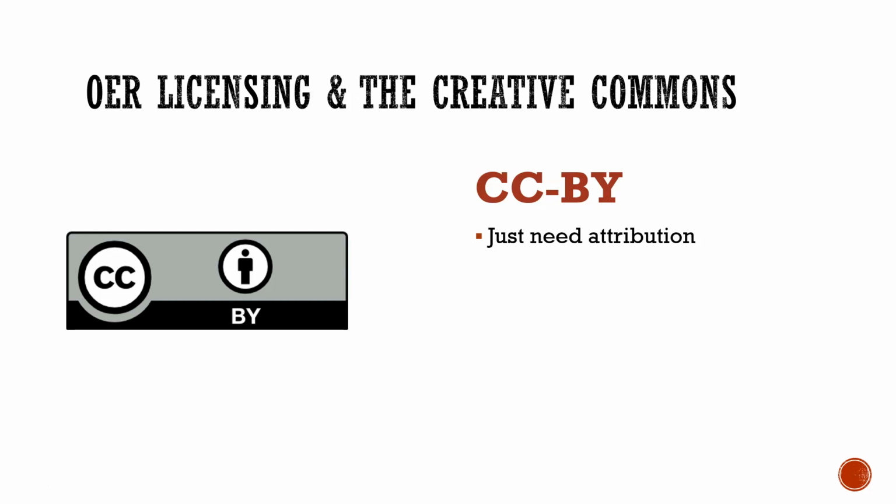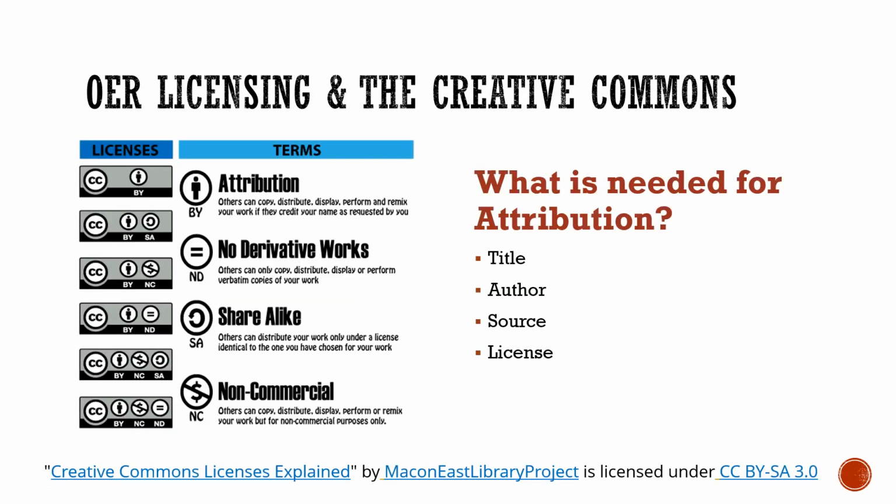And how do we attribute? An excellent question. Basically, you need 4 things for an attribution. You need the title of the work that you're using, the author or the creator of that work or that educational resource, the source from where you got it, and then also the license under which you got that work. So we have a good example here of this.